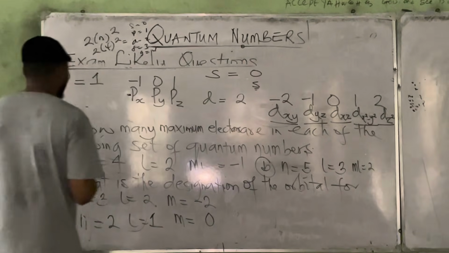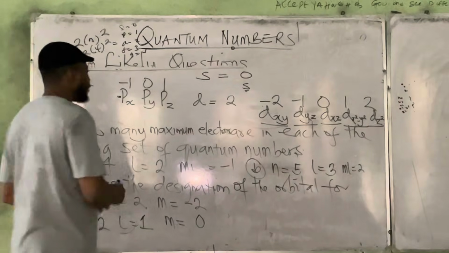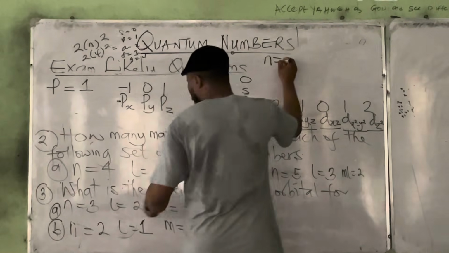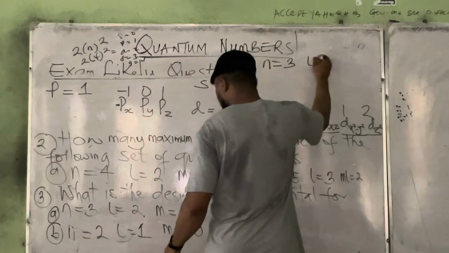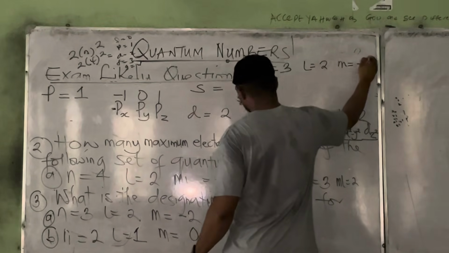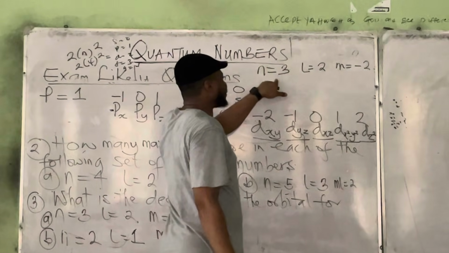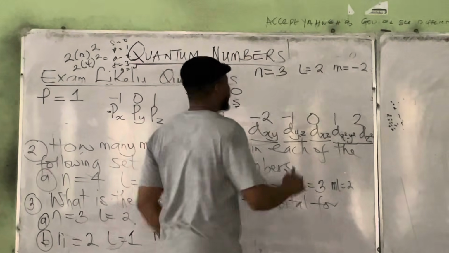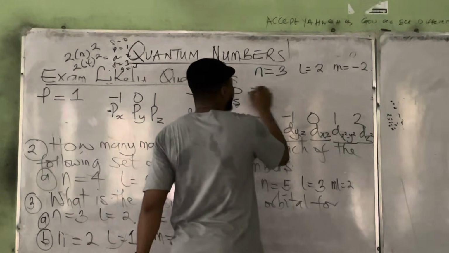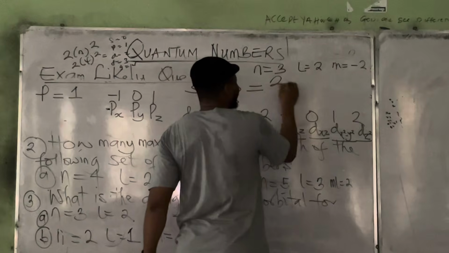Alright? So now let us work on the exercises we have. We are being told that n is equal to 3, l is equal to 2, and ml is equal to -2. First of all, remember that this 3 here is the energy level, right? So the full designation will be like this. Energy level is 3.